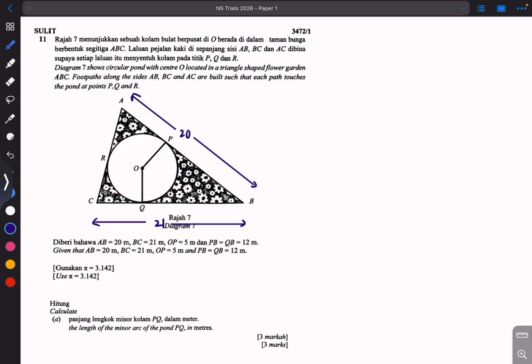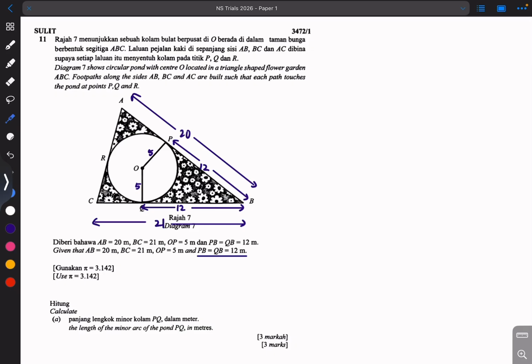And then OP is 5, so 5 meters, which means here also 5 meters because this will be the radius. And then they said PB equals QB, which is 12. So this is 12, QB is also 12. Alright, they want us to find the length of the minor arc of the pond PQ. So this would be the minor arc PQ. This would be the major arc PQ. We don't want the major arc, we want the minor arc.